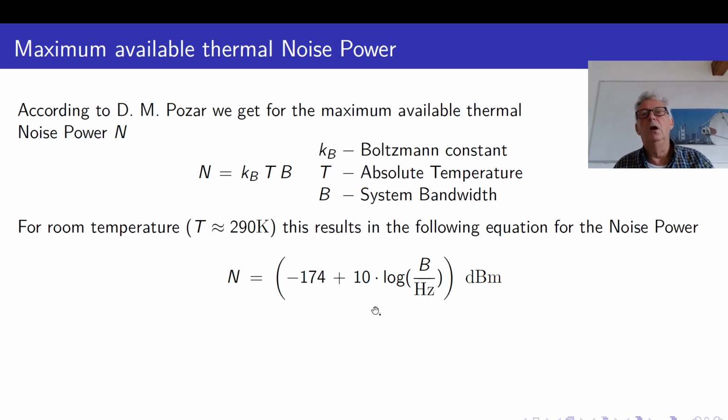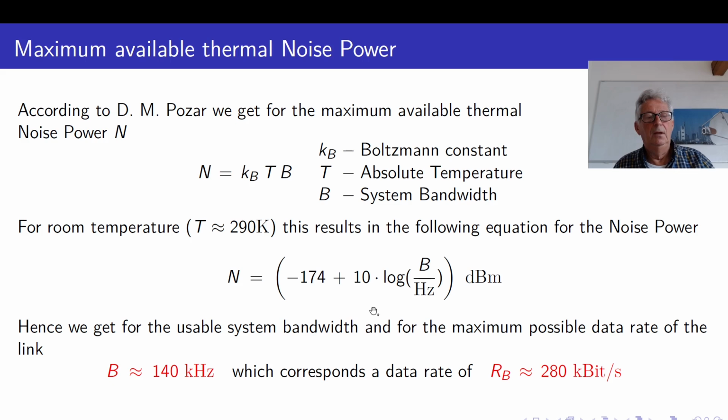And if you calculate this value, then you end up in a system bandwidth of 140 kilohertz, which corresponds to a data rate of approximately 280 kilobits per second.